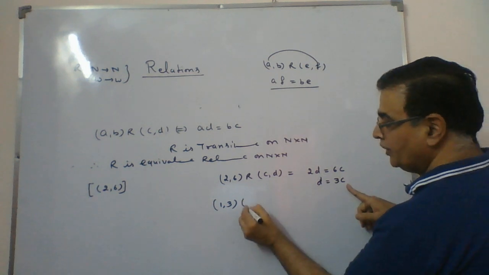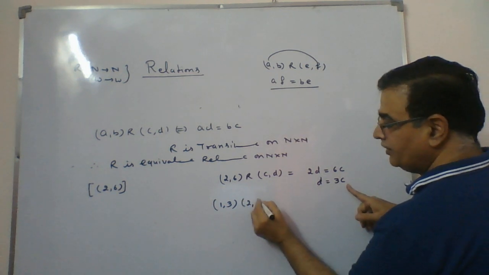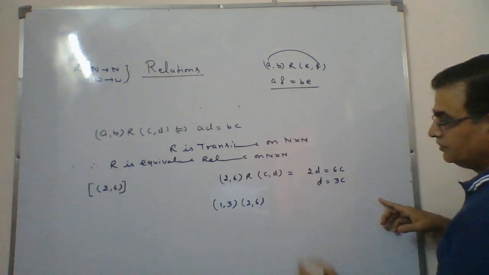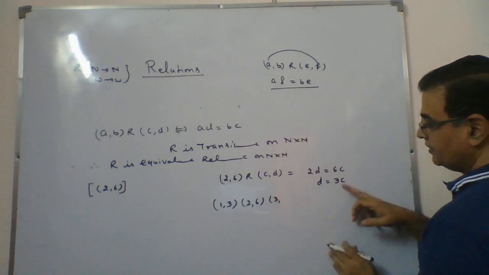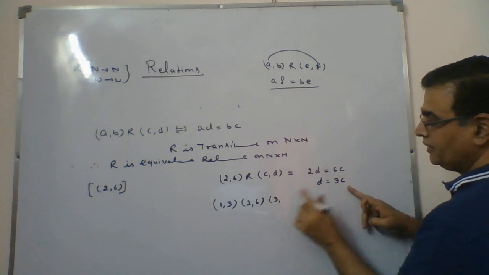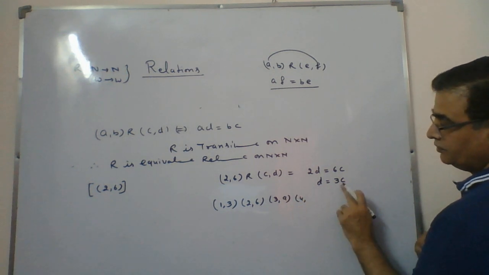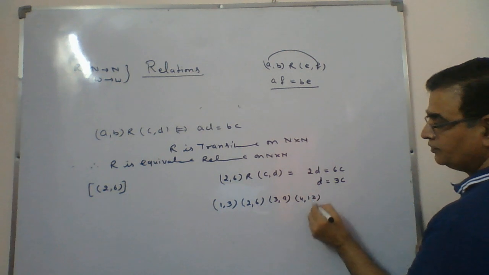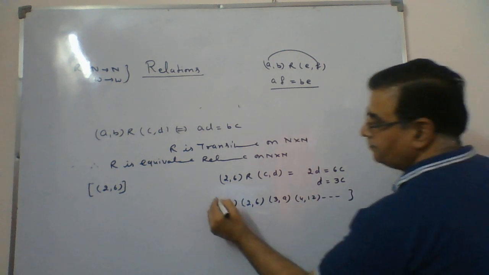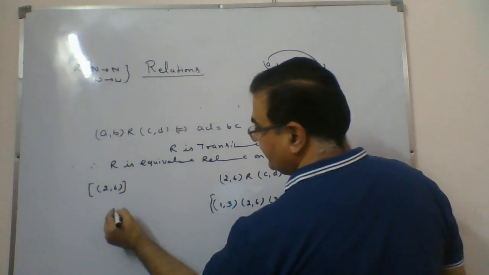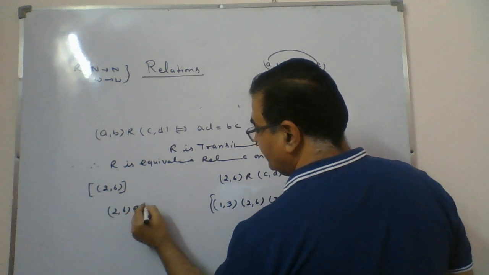When you take 2 here, then it is already 6. Then we'll take 3. When you take 3, it will come out to be 9. When you take 4, it will be 12. So on it goes. Any element you can take, just check. (2, 6) relates with (1, 3).